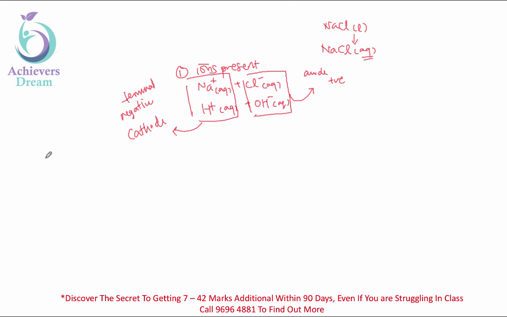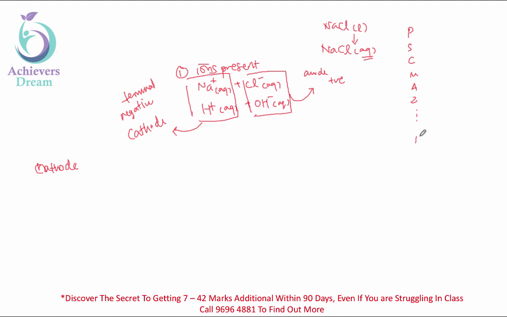What will happen at the cathode? Na plus and H plus will move towards there. So you'll be thinking, who gets discharged? I'll bring your attention back to the reactivity series, where there's this mnemonic, please stop calling me a zebra.